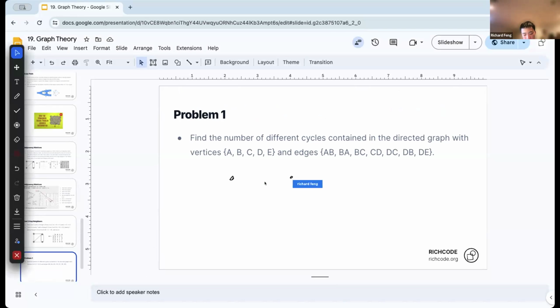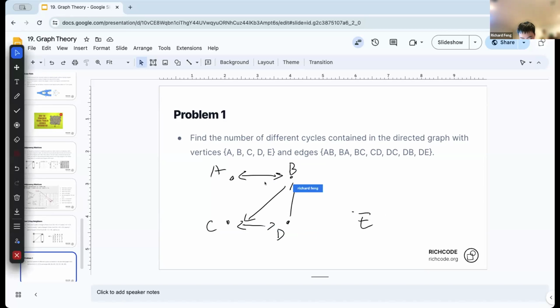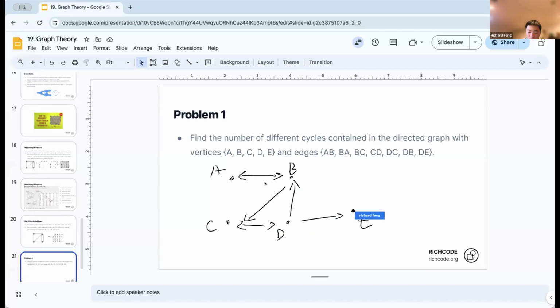So we have A, B, and then C, D, E. And then we have the edges AB, BA, BC, CD, DC, so both ways, DB, and DE. And then we're looking for the number of different cycles.